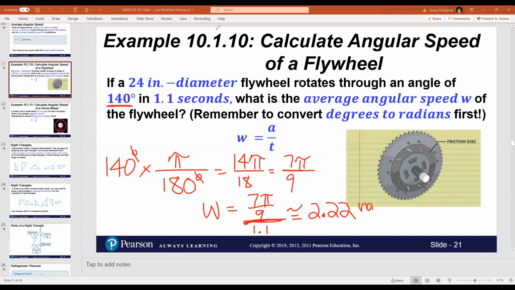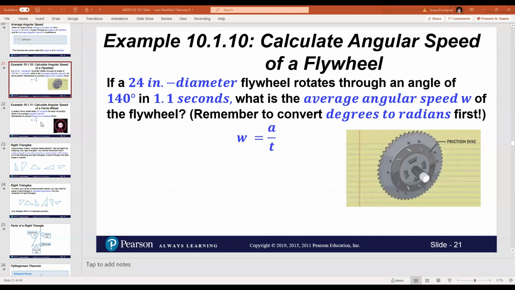So this is about 2 radians per second, given that my angle is in radians. It's about 2 or 2.2, a little more than 2 radians per second. Angular speed. So that angle is changing at a rate of about 2 radians per second. Okay.